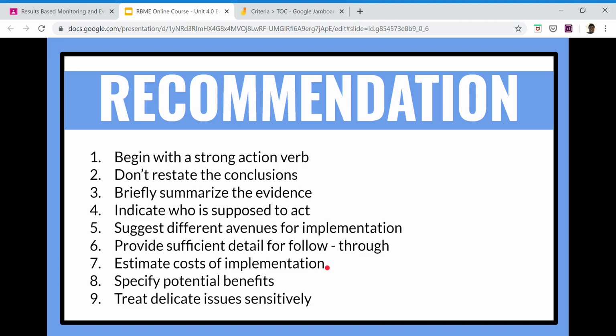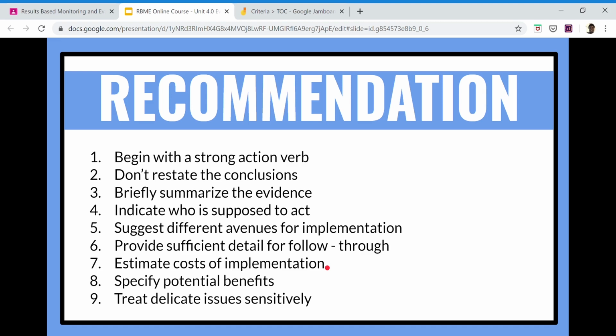And one way we also do this in your recommendation is to state that in the short term, this is what you expect the policymaker or the stakeholder to do. In the medium term, this is what they can actually achieve with what they have currently, and in the long term, they should be looking at this.